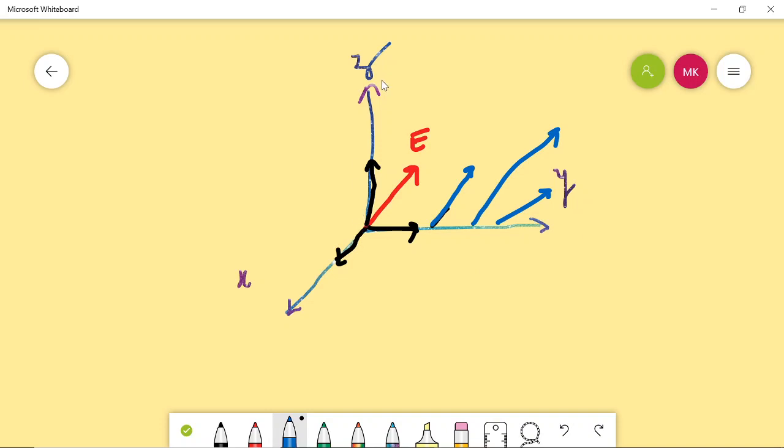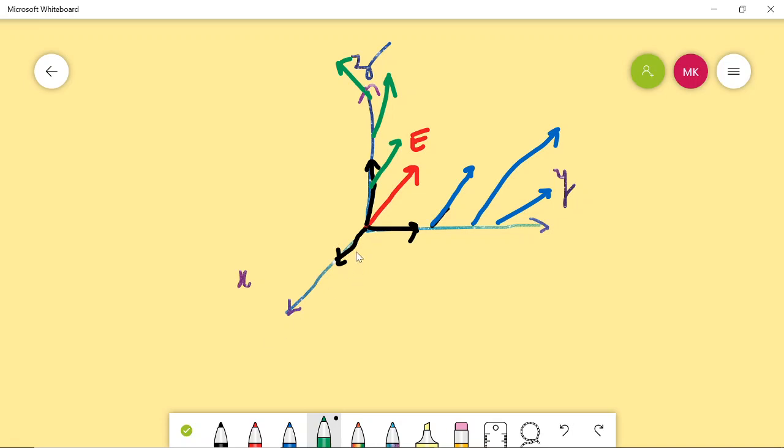Similarly, if you move in the z direction, here it may have this value, here it may go in this direction, and here it may go in the reverse direction. So the E field may vary in direction and magnitude in the z direction.